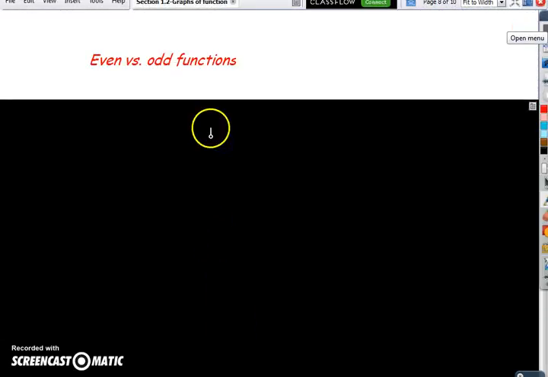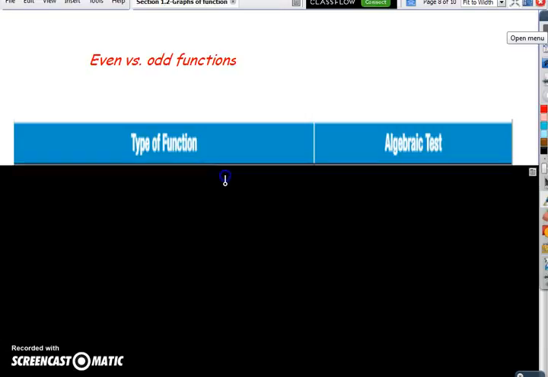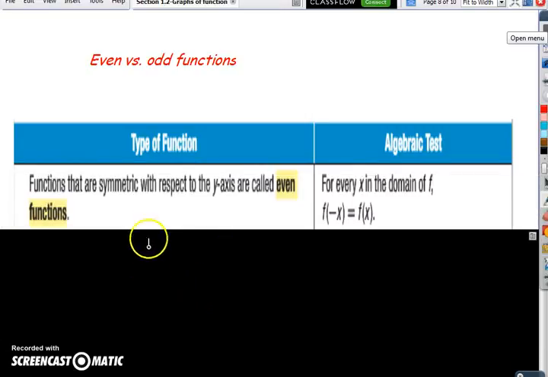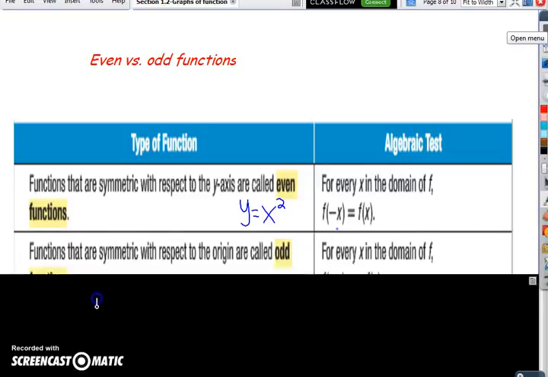And the last thing we're going to talk about here is even versus odd functions. Functions that are symmetric with respect to the y-axis are called even functions. An example here being your y equals x squared. So it means if you put a negative x in, or a positive, you'll still get the same y value back. They're called even functions.